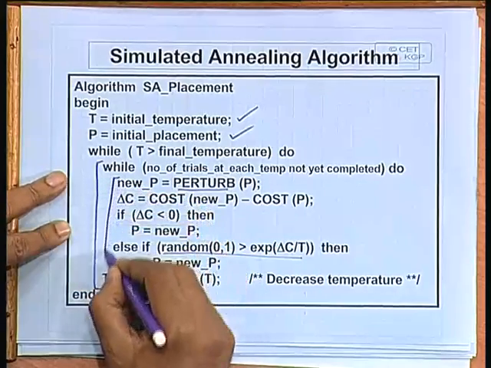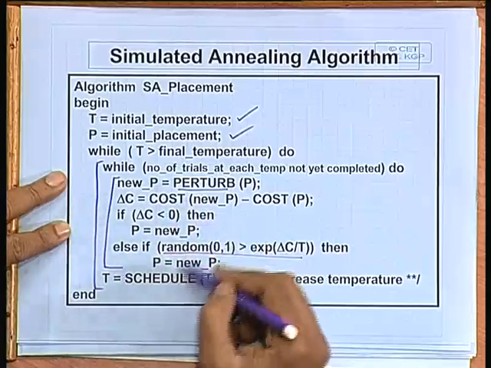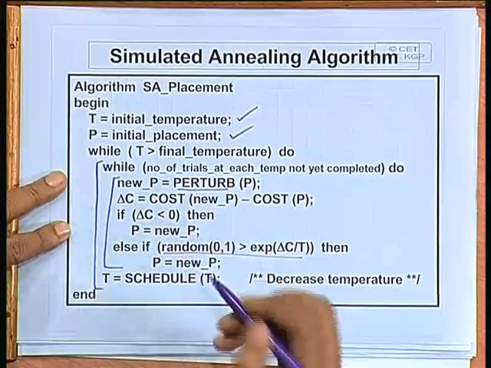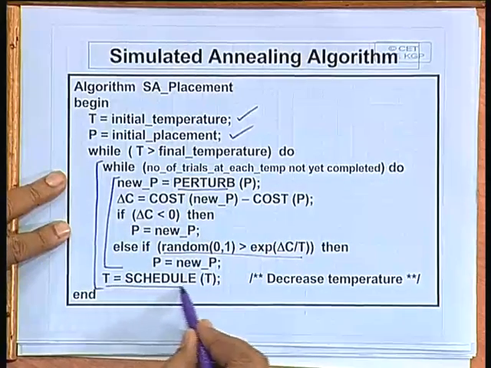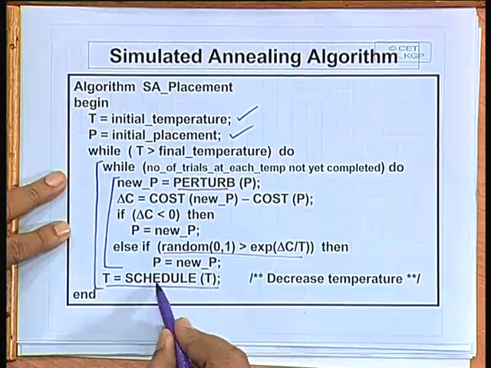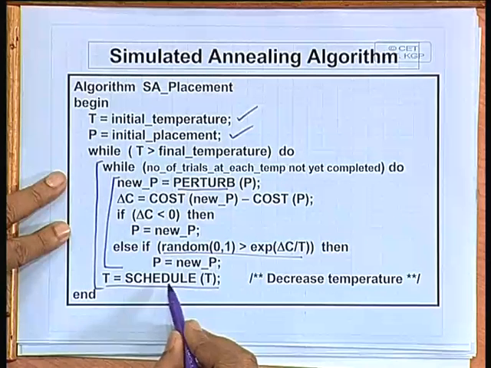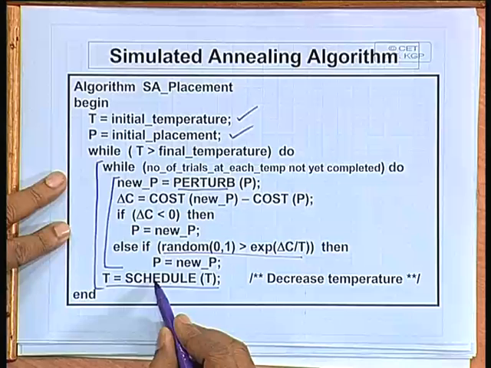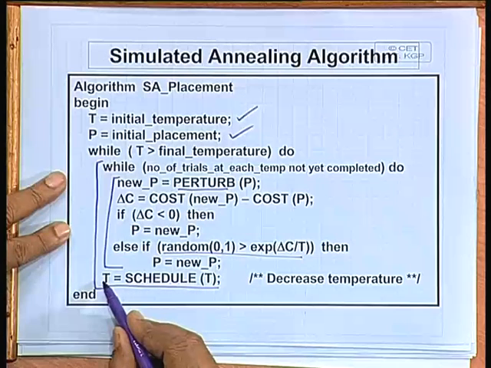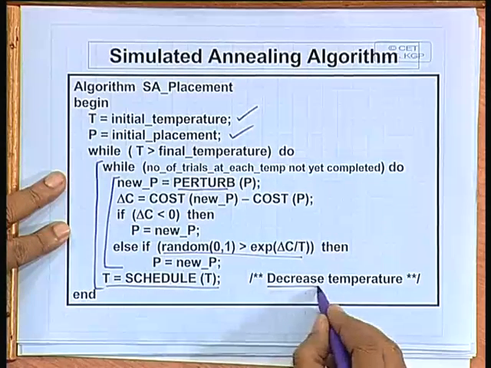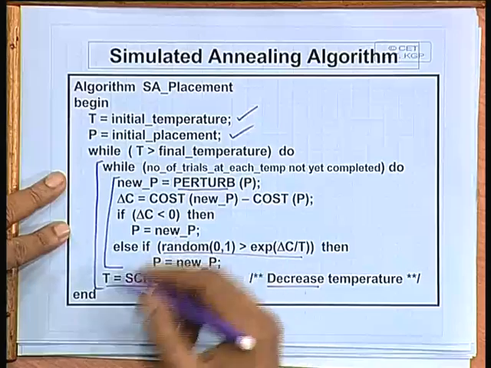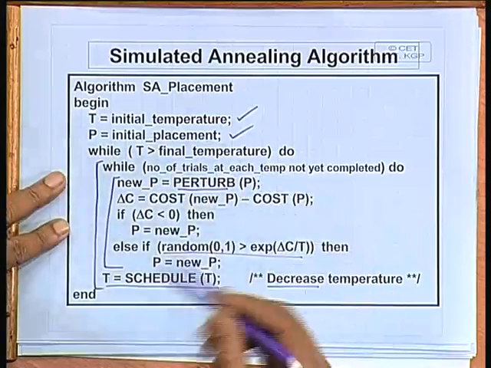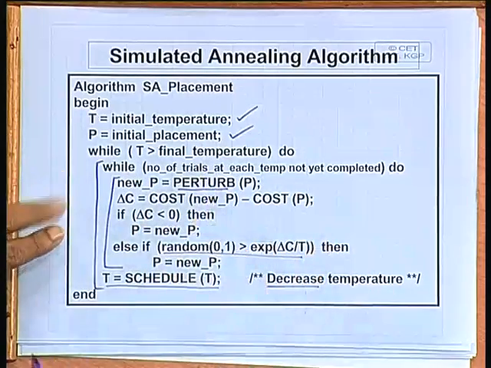This is the inner loop, and it is executed a certain number of times. After that you modify the temperature using a function called schedule. You apply this function on the temperature, you get the new temperature. This is actually decreasing the temperature. This way you repeat this till the final temperature is reached.